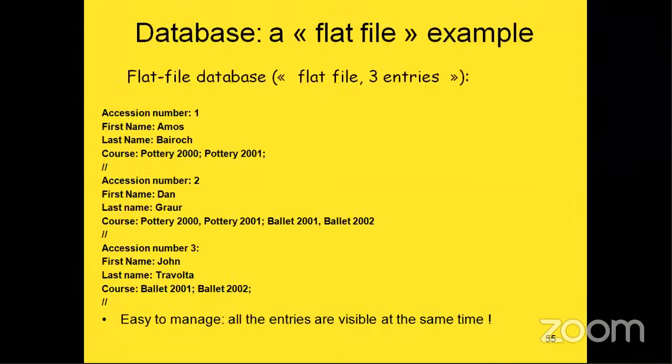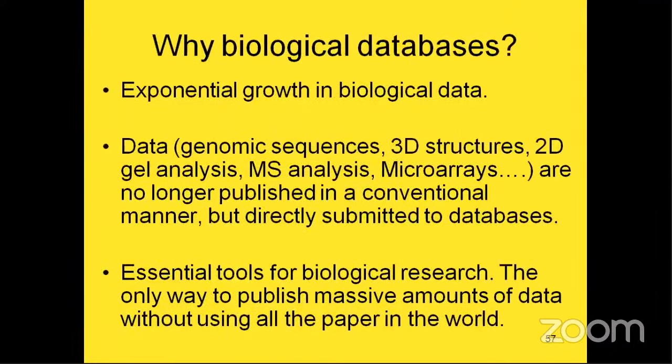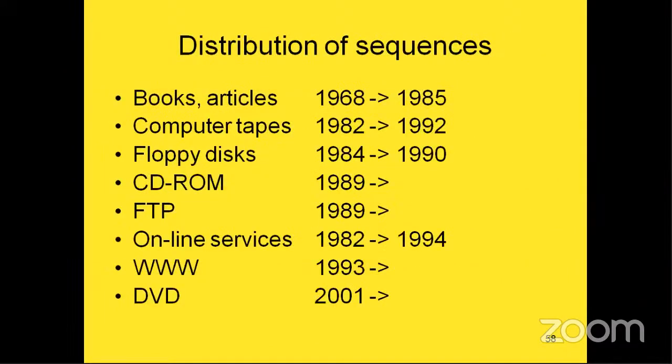Okay, I need to show you this one. This is called the flat file format, but mainly we use the accession number. Now, the different types of data used to be stored in CD-ROMs, computer tapes, floppy disks, but nowadays most of the data are being stored on the WWW, that means World Wide Web.